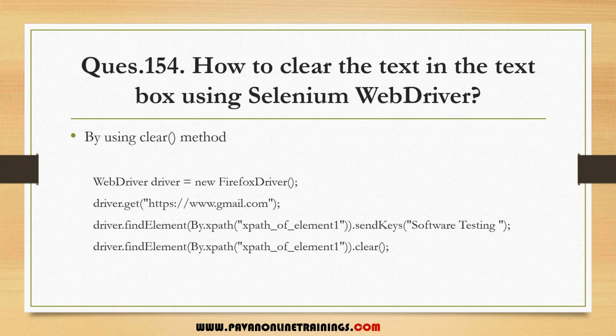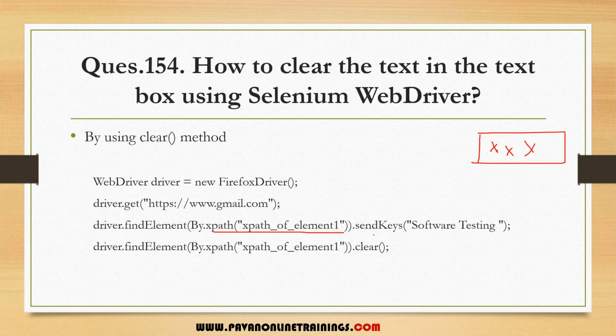Next question. How to clear the text in a text box using Selenium WebDriver? For example, I have a text box which already has some text value. Let's say this is my text box which contains some text here. I want to capture this text value. To do this, first we need to identify this element, by xpath or some other locator.